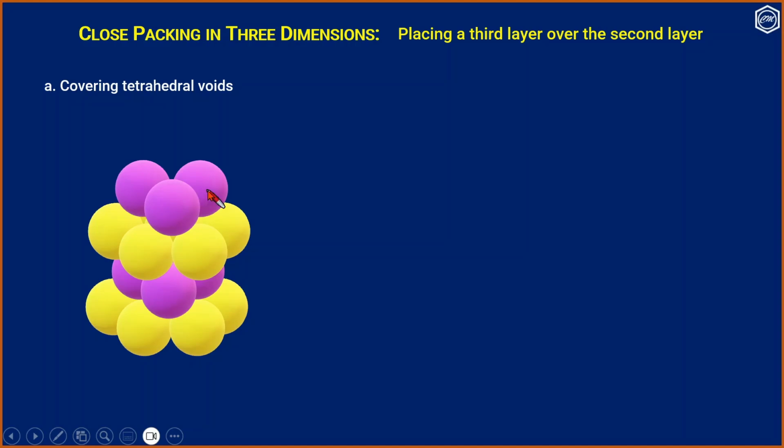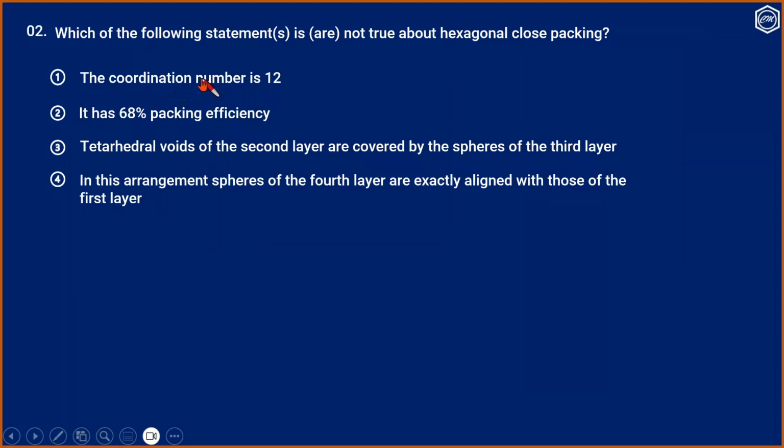So total is 12. So this option is correct, and we have to choose incorrect options, so this is not the answer. It has 68% packing efficiency. For HCP and CCP, the packing efficiency is 74%, so that is an incorrect statement.